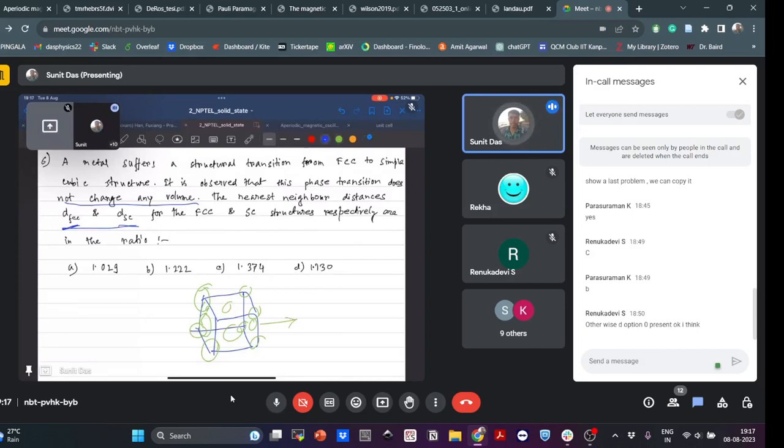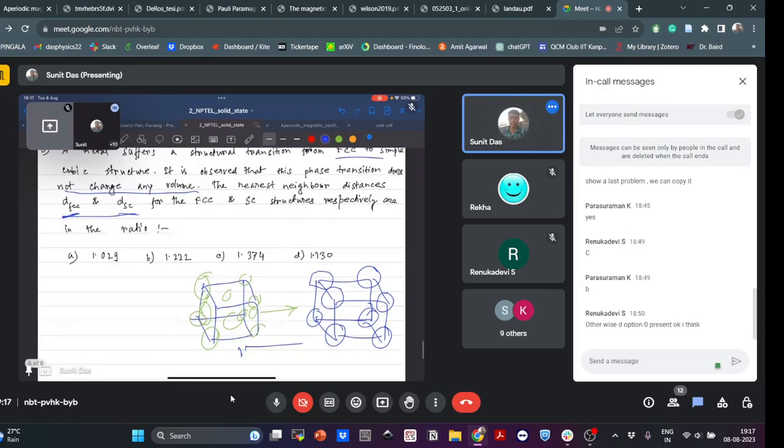Now it gets converted from FCC to simple cubic. Simple cubic means atoms only at the corners, right? So this has been converted. Now we need to find the ratio of the nearest neighbor distances between these two systems, FCC and simple cubic, given that the volume remains same.